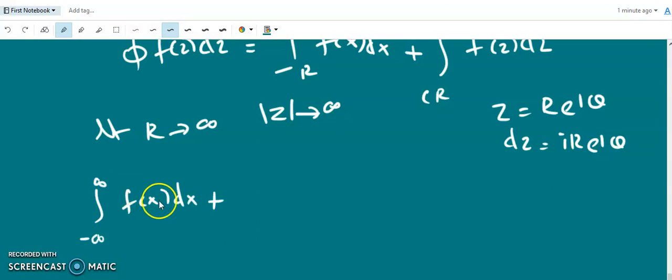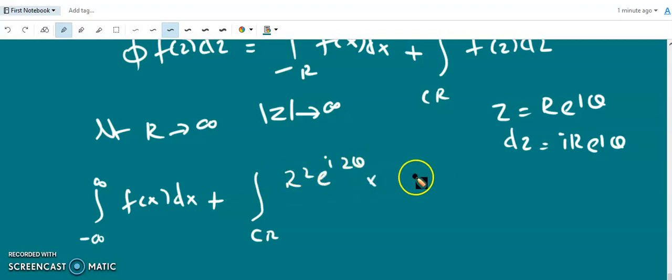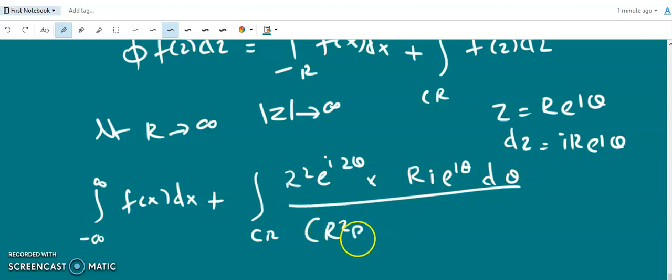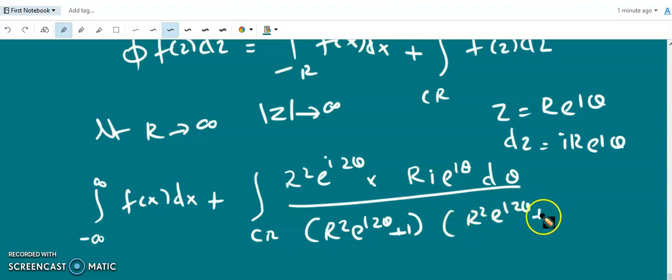As r tends to infinity, the first term will be like this. Second term: z square is written as r square e to the power i 2 theta, into dz, which is r i e to the power i theta d theta, divided by z square plus 1, that is r square e to the power i 2 theta plus 1, times z square plus 4, r square e to the power i 2 theta plus 4.